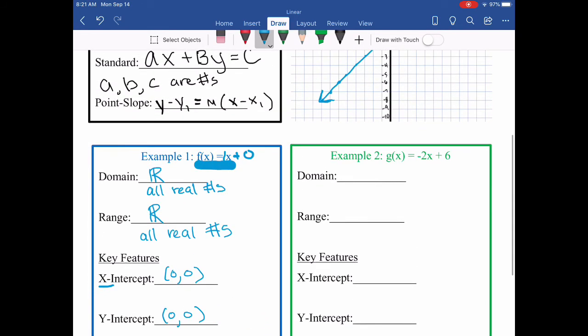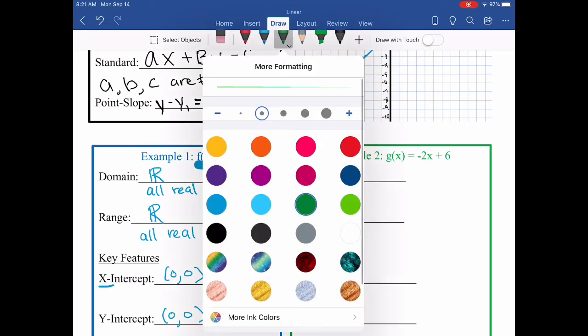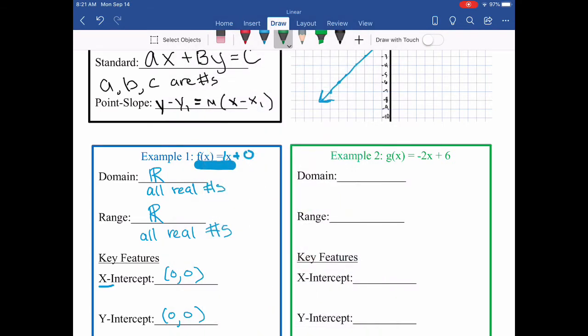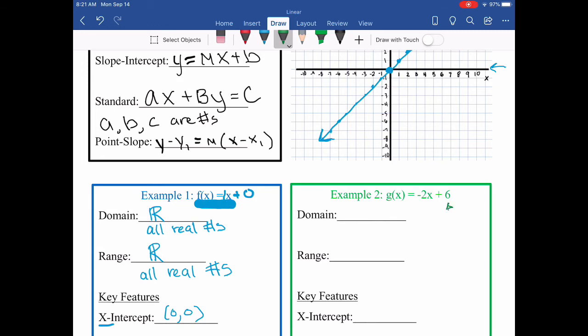Let's take a look at this second example, this one in green. We're going to go ahead and graph it. Here I have a y-intercept of 6. I'm going to plot a point at 0, positive 6. And I have a slope of negative 2.